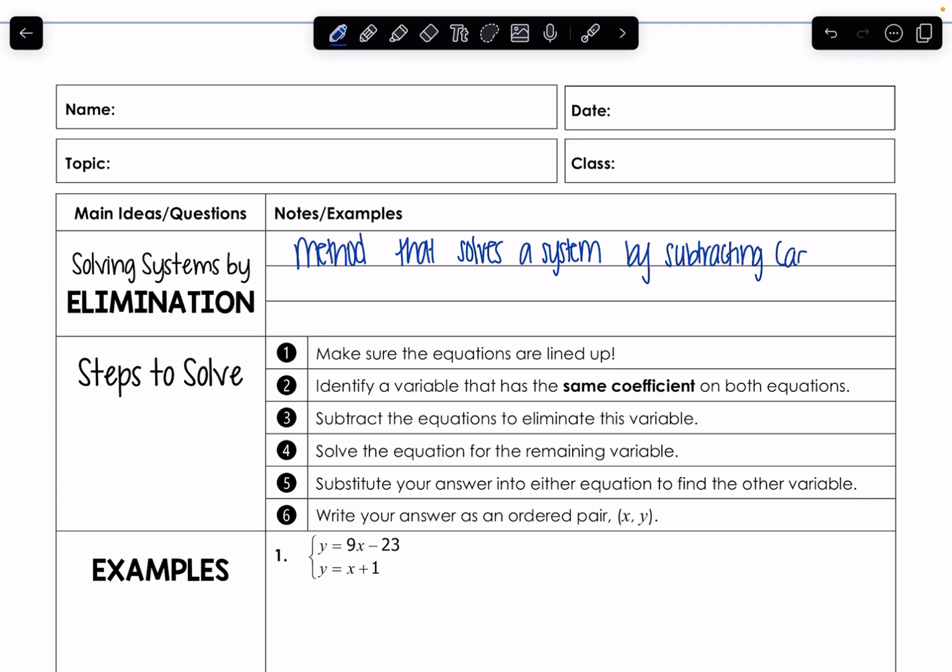So I'm just going to put adding in parentheses here. By subtracting or adding the equations together to eliminate a variable.